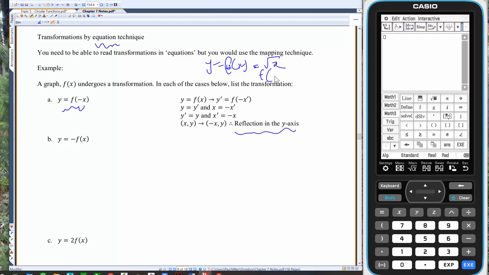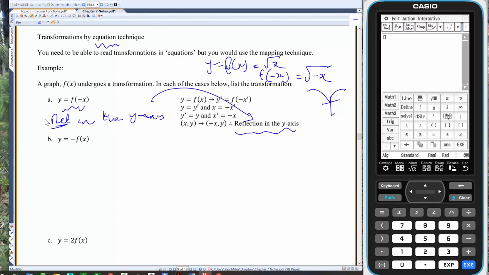If I do f of negative x, it's equal to root negative x, which is basically the root x function going the other way. We say that is a reflection in the y-axis.